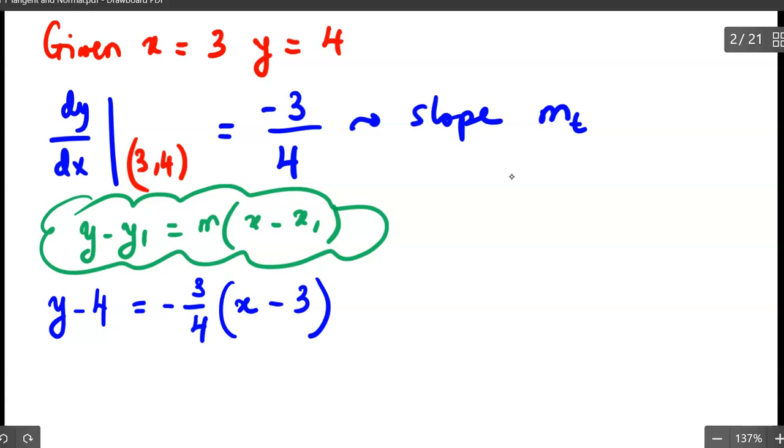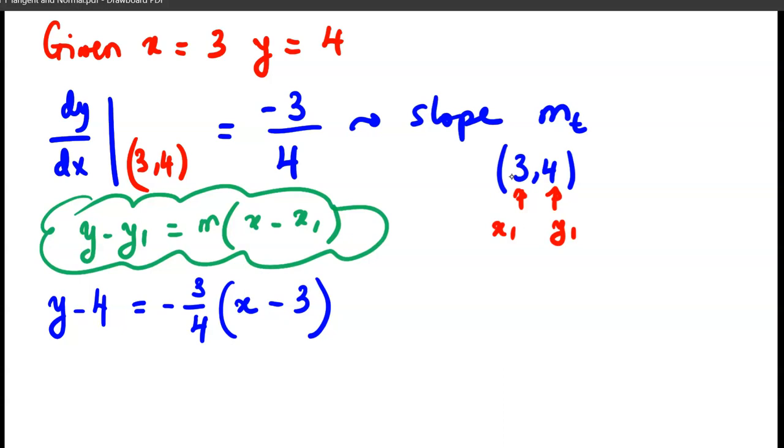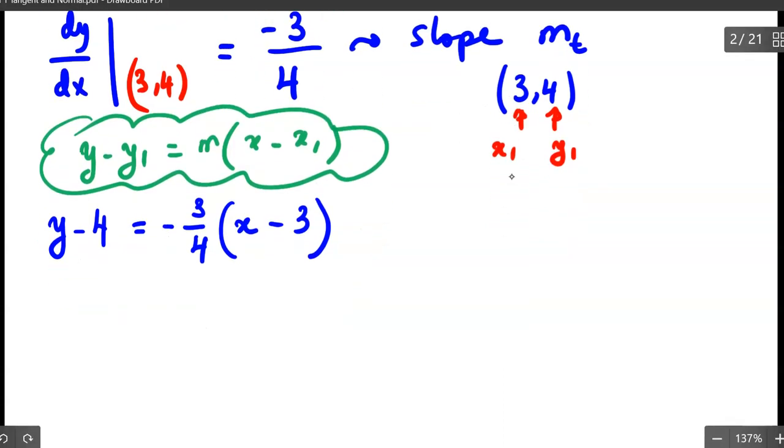So 3, 4 here, I just want to make a note for everyone. This is my x1 and this is my y1. So in here you can identify this as x1 and you can identify this as y1. The next step is to simplify this equation and arrange it so that we have ax plus by plus c equal to 0.